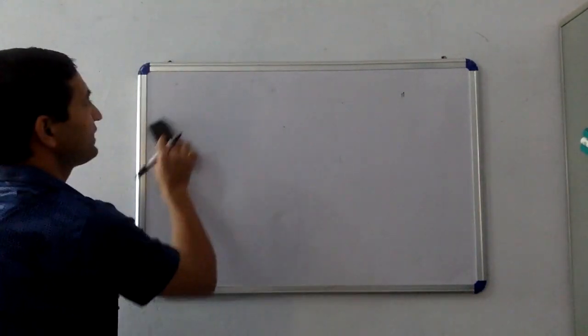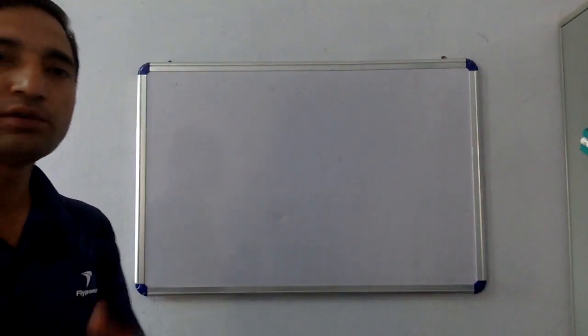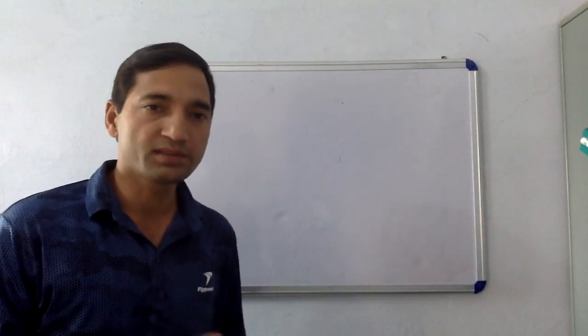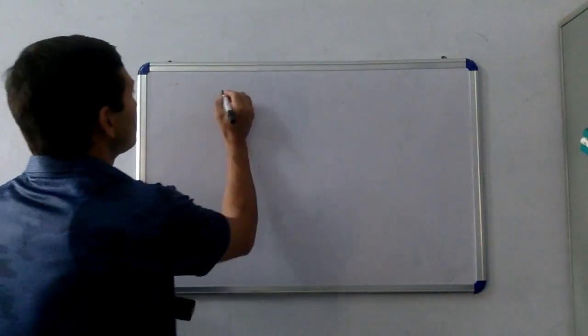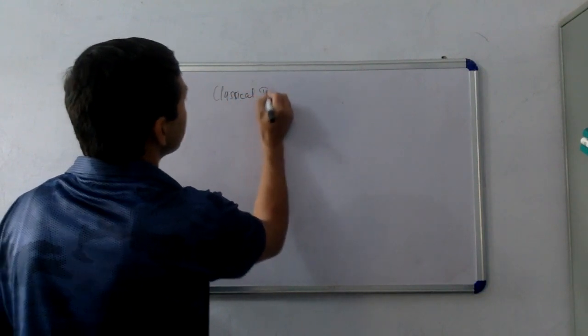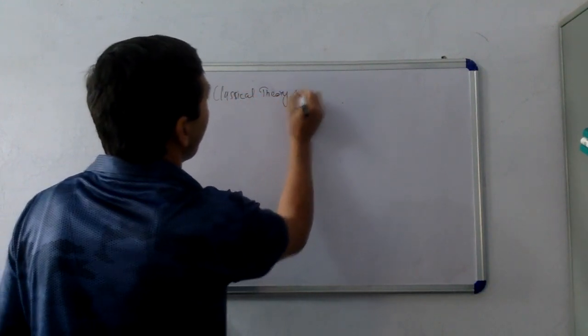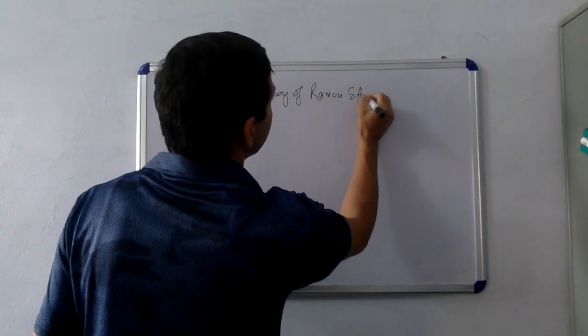What we can explain classically, and how the classical theory fails to explain this Raman effect. Then we will jump to the quantum mechanical theory of the Raman effect. So first, the classical theory of the Raman effect.